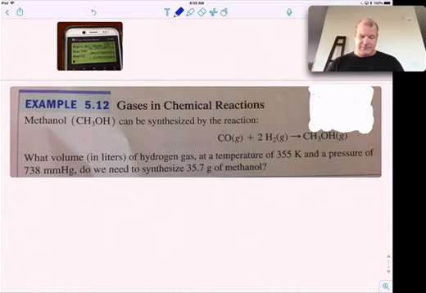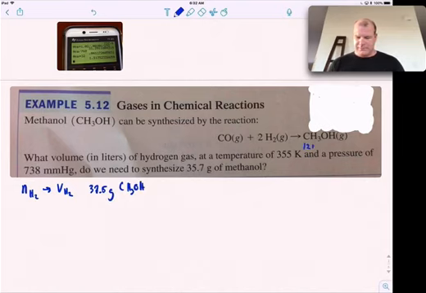So this is how much hydrogen gas we need to synthesize 37.5 grams of methanol. We need the number of moles of hydrogen, and from that, we can get the volume of hydrogen. Let's do dimensional analysis: 37.5 grams methanol, CH3OH.